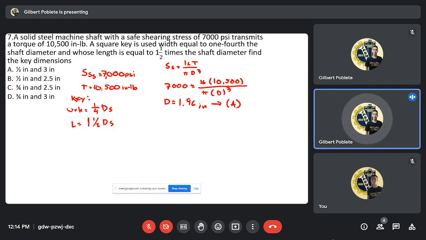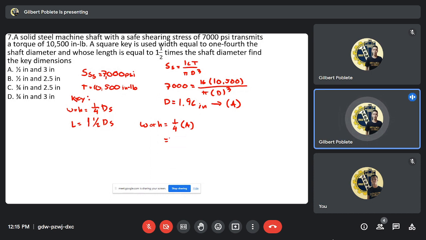So, ayan, pwede natin i-solve to. So, sa width natin or height is equals to 1/4 daw na diameter ng shaft. 1/4 ng shaft natin.